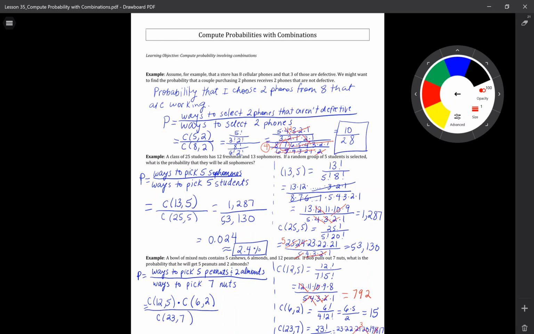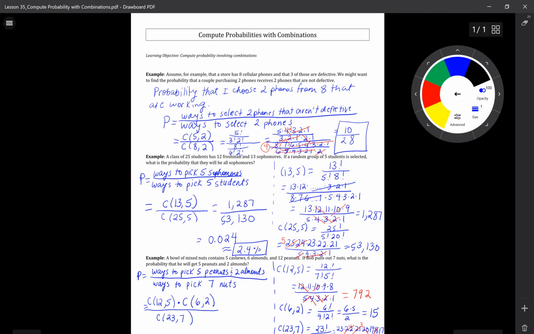And if I cancel this 22 with this 2, I'll be left with 11. So this is equal to 23 times 11 times 3 times 19 times 17. That is a very large number, 245,157.